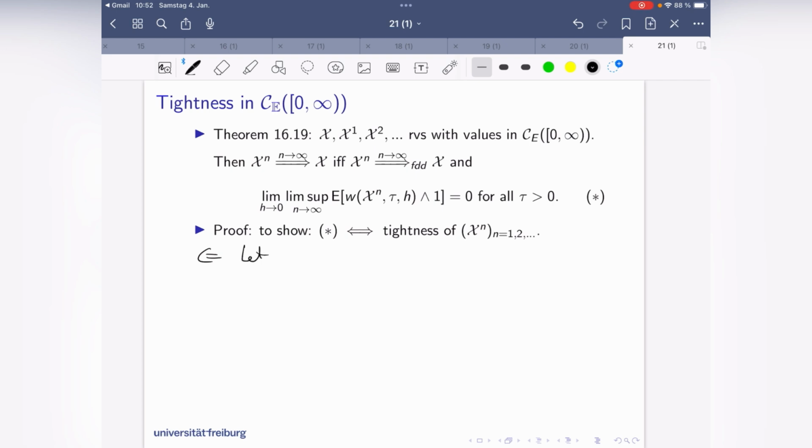And let me pick some tau and some epsilon, and K, some subset of bounded continuous functions, not C_b, but I need a C_E here on my state space of 0 to infinity.